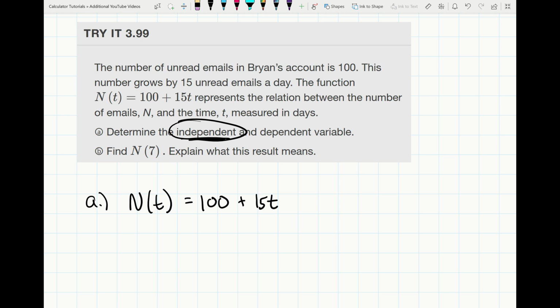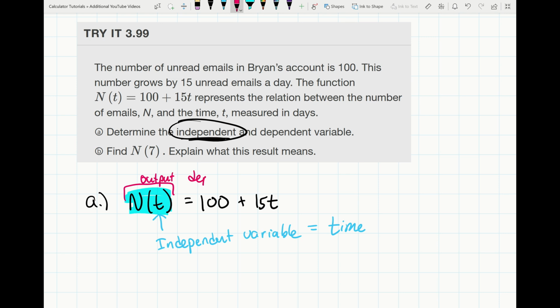So in our example, the input is always going to be the independent variable. So our independent variable is equal to time. Now our dependent variable is going to be the output. All right, so after we calculate this, n of t is going to be the output variable.